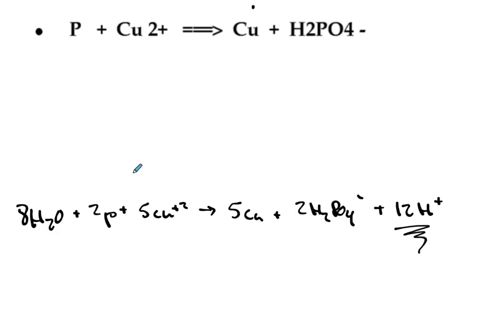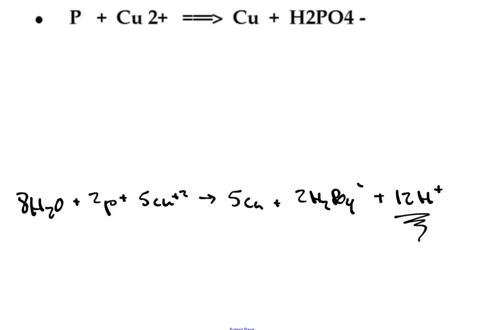So we come back here, we would say, okay, we're done. But this is in a base. So you have 12 hydroxides that you need to add to both sides. Okay? So I add 12 OH- to this side, and I add 12 OH- to this side.